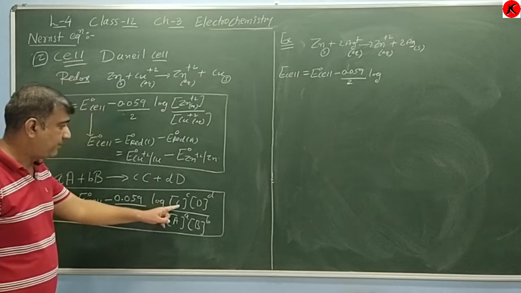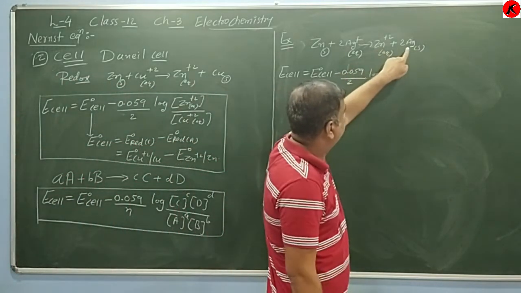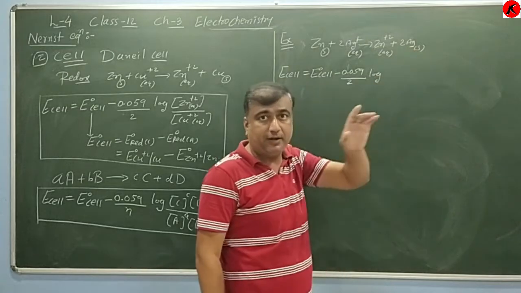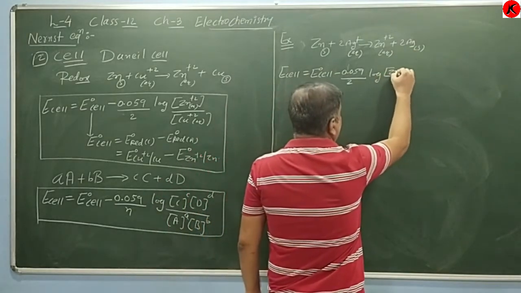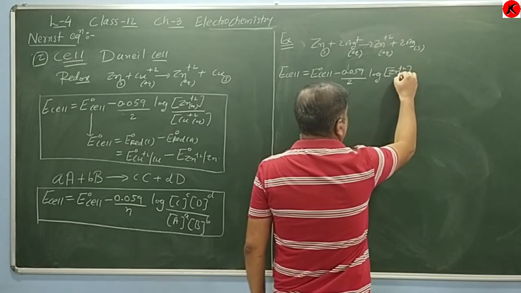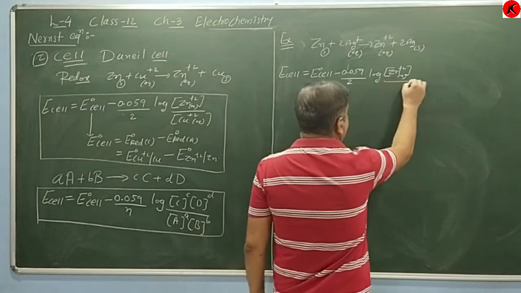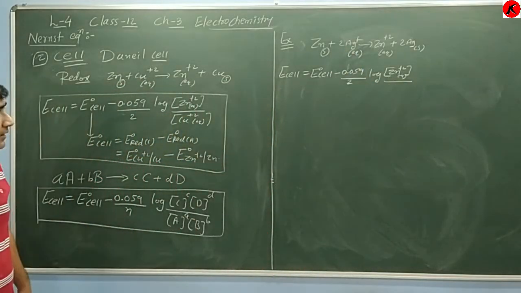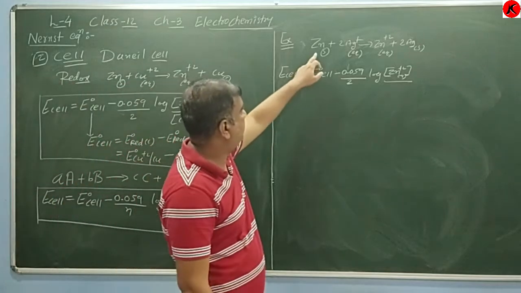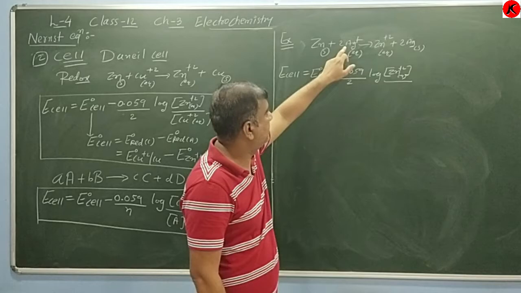Concentration of product divided by reactant. The product is Zn2+ and Ag, but Ag is in solid form, so there is no need to write it. That means Zn2+. Now divided by concentration of reactant. Now the reactant Zn is in solid form, so there is no need to write it, only Ag+.